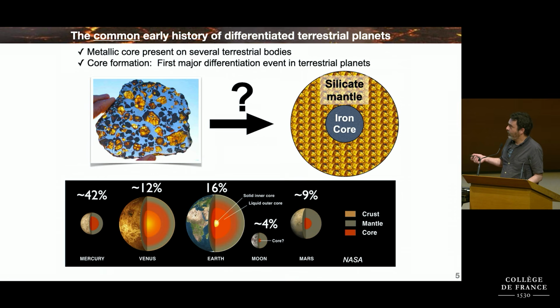And for me, this is a great indication that earlier on, these terrestrial bodies went through at least one global magma ocean stage, because if you think of planetary bricks as a mixture of iron and silicate, if you want to separate them, you really need to go through subsolidus temperature and even liquidus temperature in order to separate these two materials efficiently via gravitational segregation.